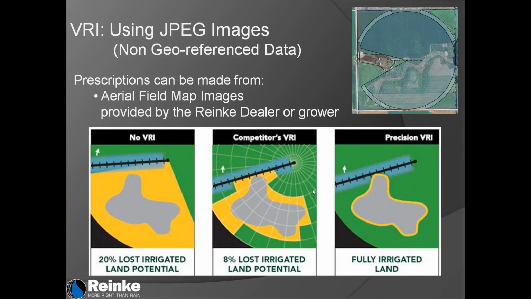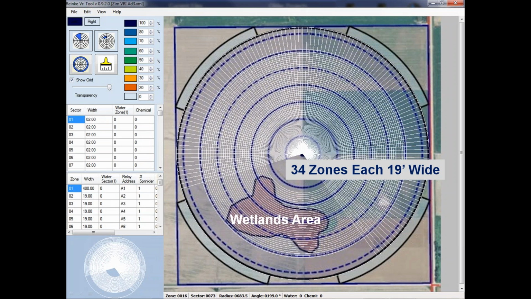And as you can see, the artist concept of this is very archaic and not really representative of what we can actually do. So what I did, I used this little image and put it into our prescription program to create a prescription to show that we can do what they say we can't. And this was back when we offered 36 zones. So we're using the zone in the center and the 1 zone on the outside, and then the remaining 34 zones across this, what I'll call a wetland area.